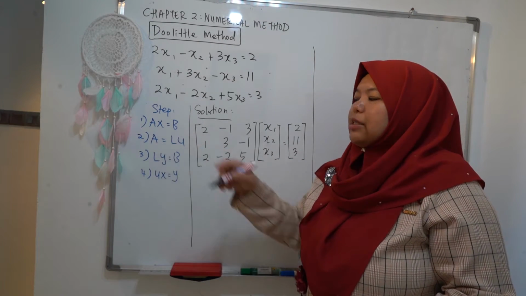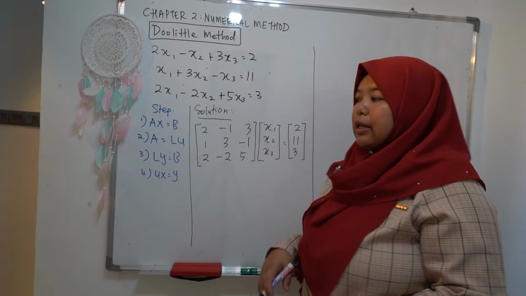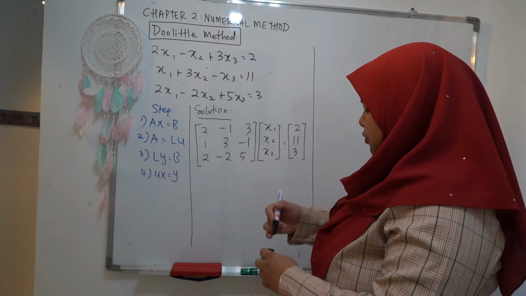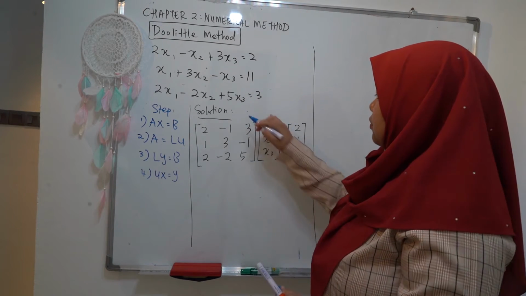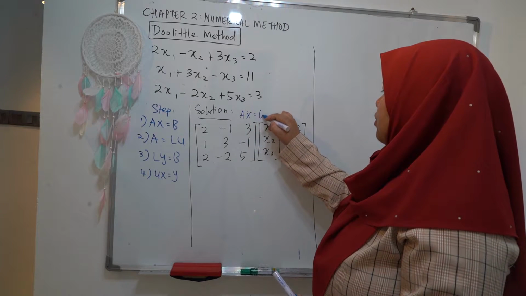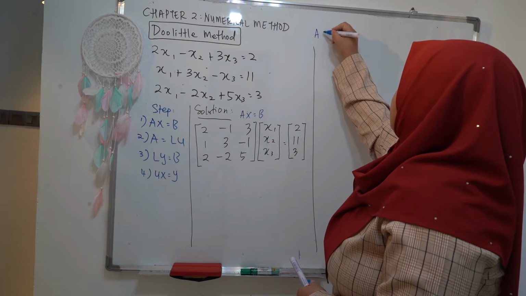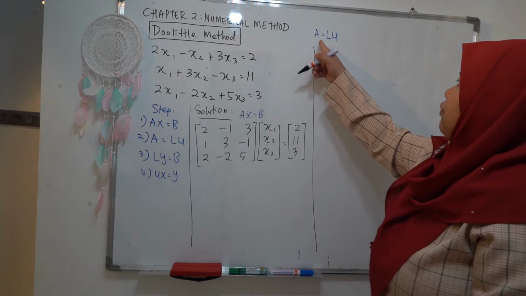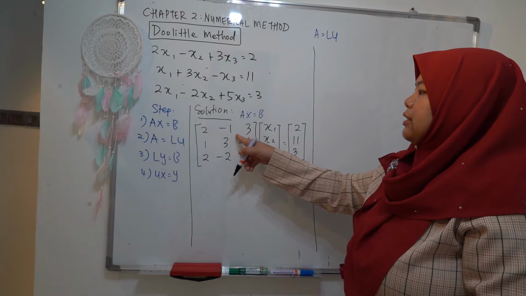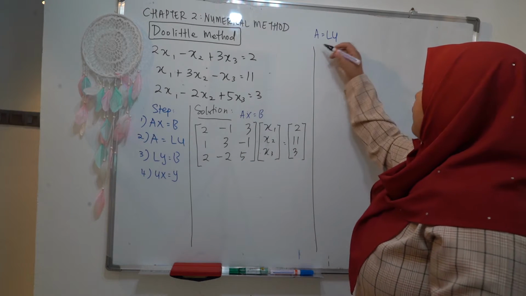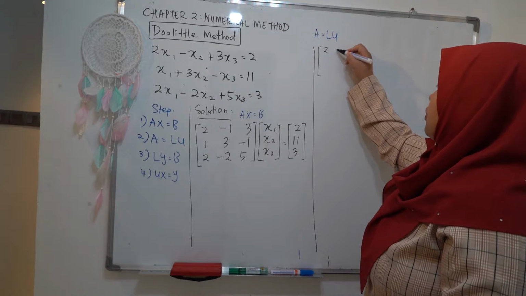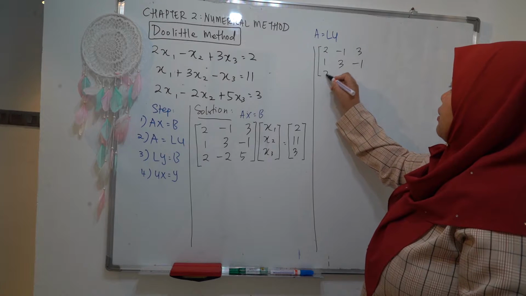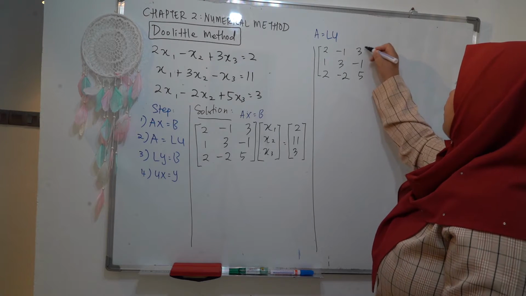The second step is A equal to LU. For the matrix A, I just take it back from the first step: 2, negative 1, 3, then 1, 3, negative 1, and then 2, negative 2, 5.